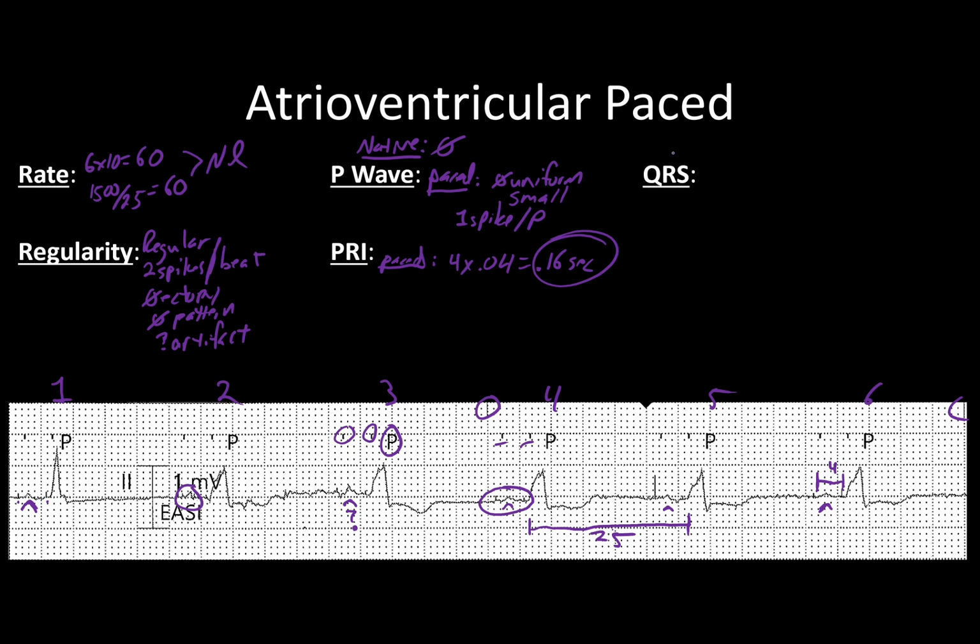Last but not least, the QRS. Native, well, we sure as heck don't have any, do we? The pacing portion, those are almost uniform. Beat number 1 does look different.